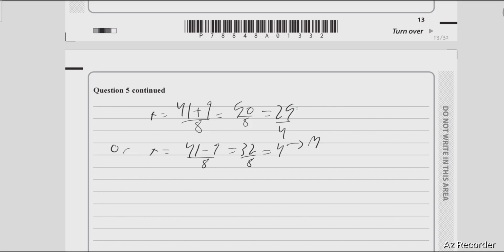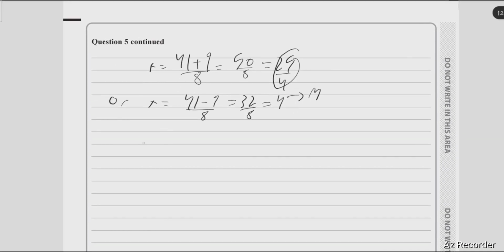So our point P is that. So the x coordinate of P is 25 over 4.